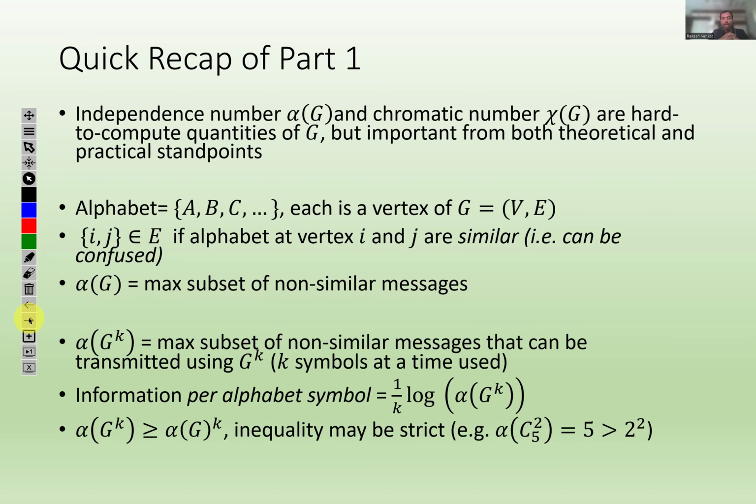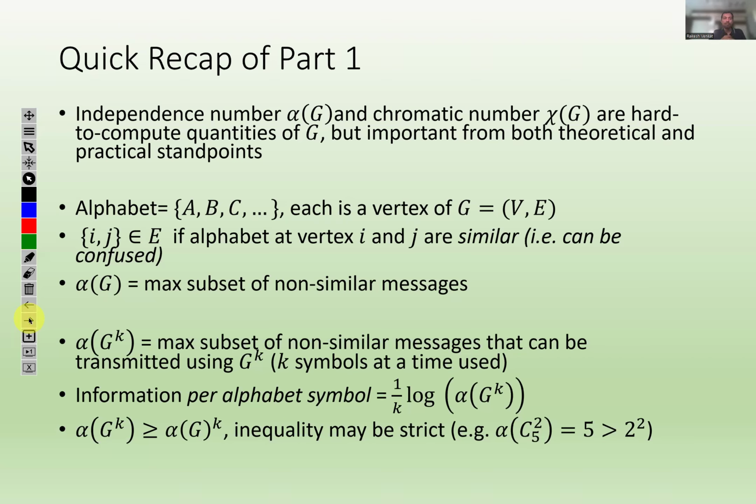And there's an edge if, when you send some information over the channel that we have discussed, the letter at vertex I and the letter at vertex J are liable to be confused. In that case, you put a conflict edge, which denotes that both of them cannot be transmitted together. So that was our motivation.